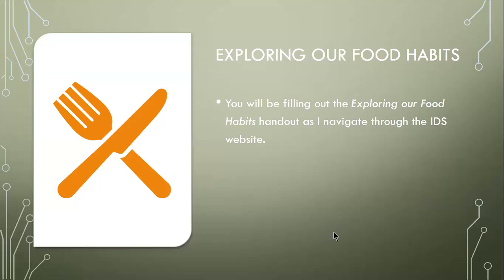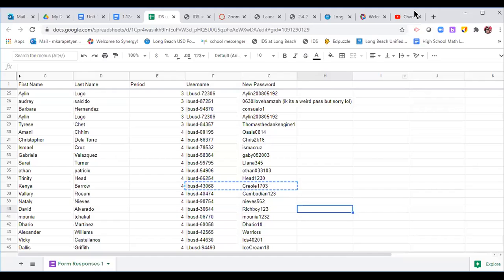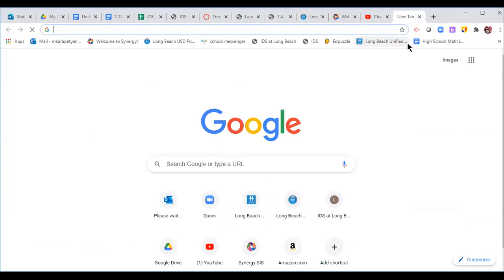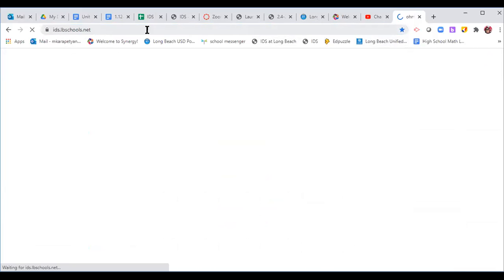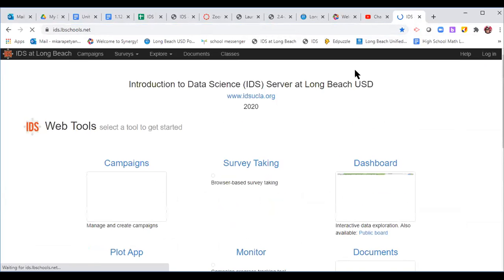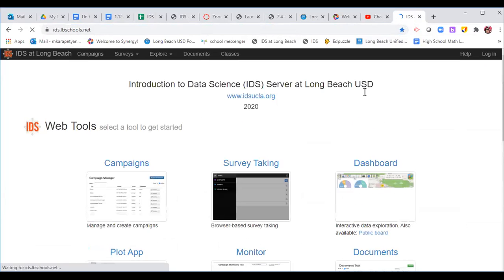No, I mean when I'm trying to get into the app, the website. Okay. So you're going to the website, right? And it's ids.lbschools.net, right? Yeah. Okay. So are you able to get here? Oh, I got it now.